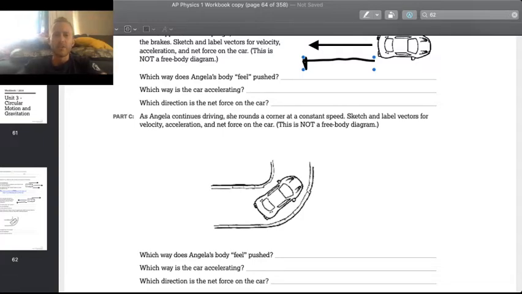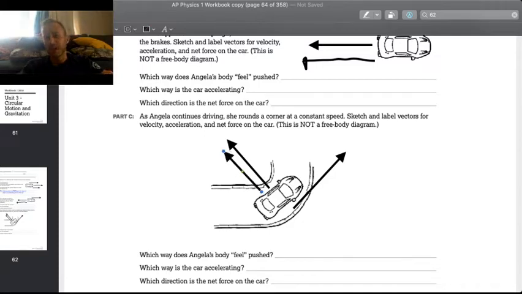As Angela continues driving, she rounds a corner at a constant speed. Sketch and label velocity, acceleration, net force. So we know that the velocity is tangent to the circle. We know that the acceleration is in towards the center of the circle. And the net force always points in the same direction as the acceleration. So Angela's body is going to feel pushed towards the center of the circle.